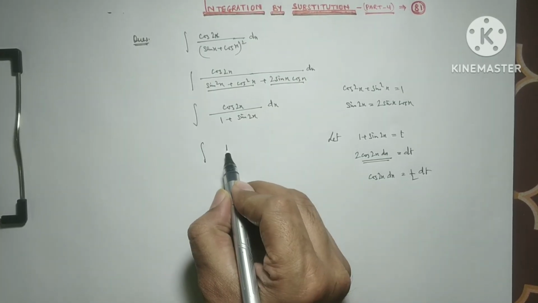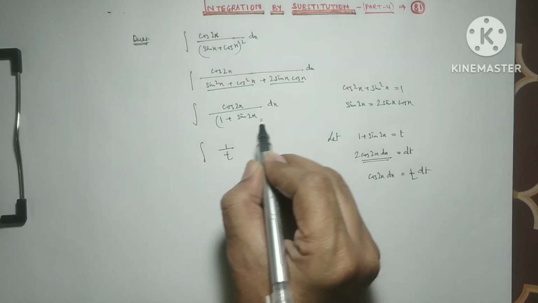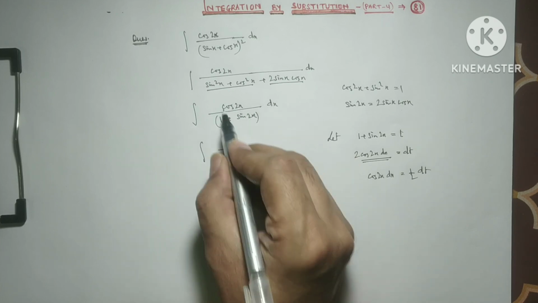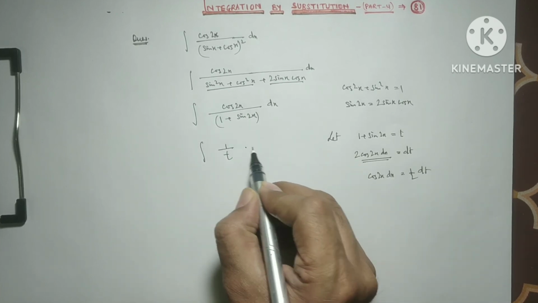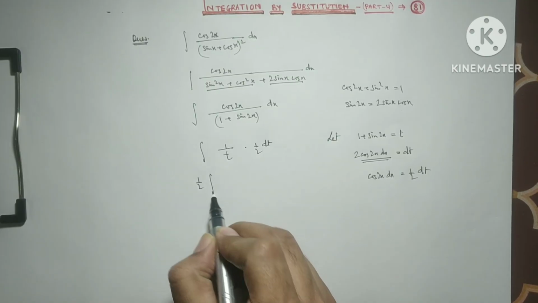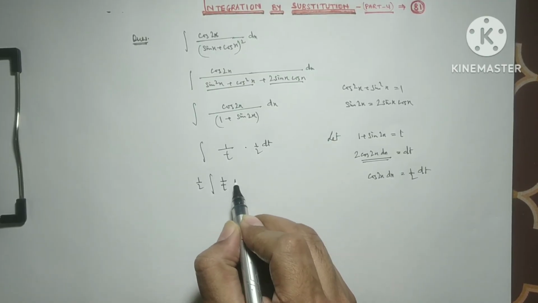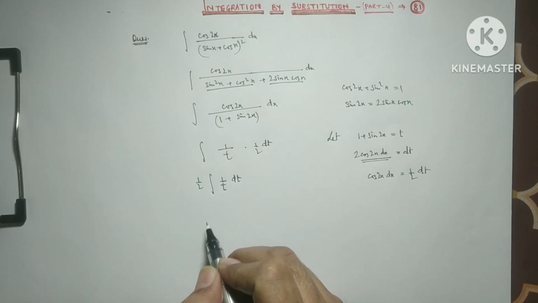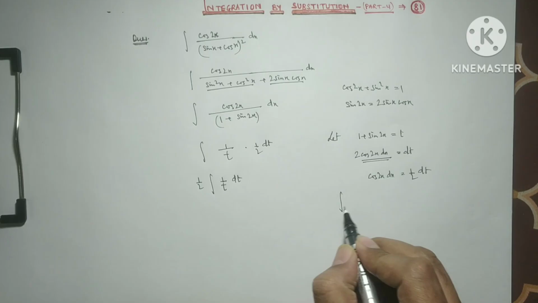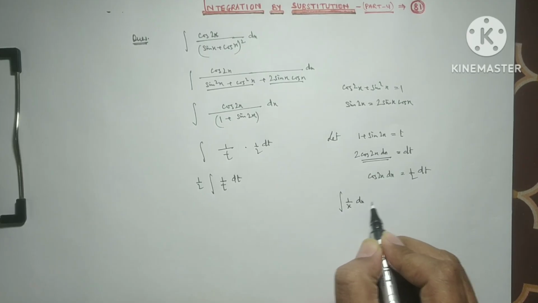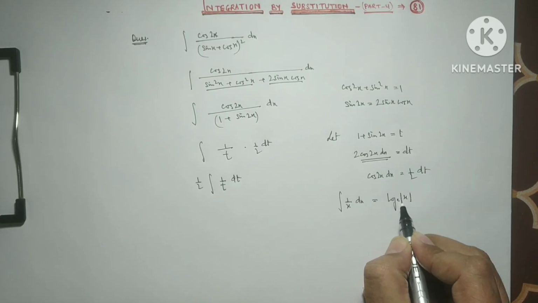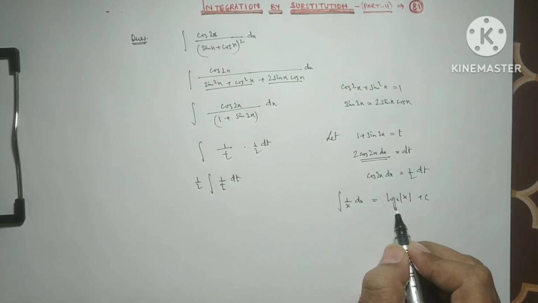So it becomes 1 over t, because we consider this as t, and the cos 2x dx is half dt. It means we can change it as an integration of 1 over t dt, and this is a standard function. So the integration of 1 over x dx is log x.